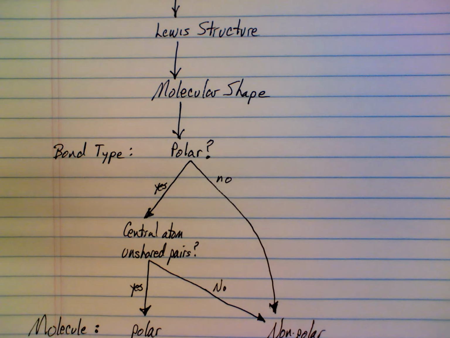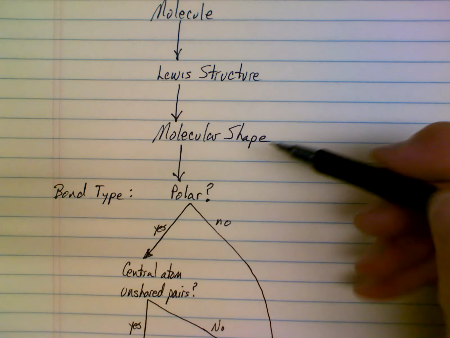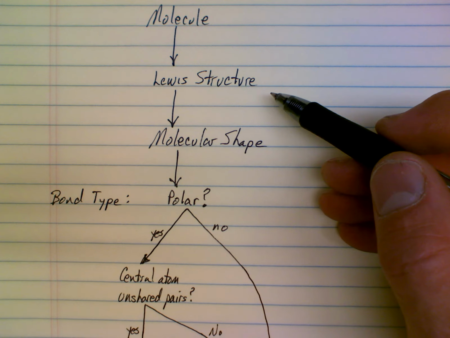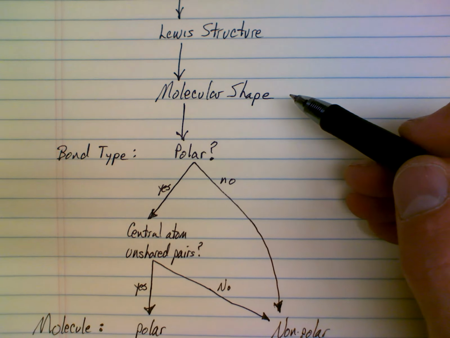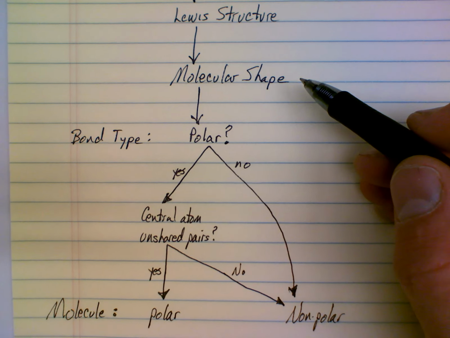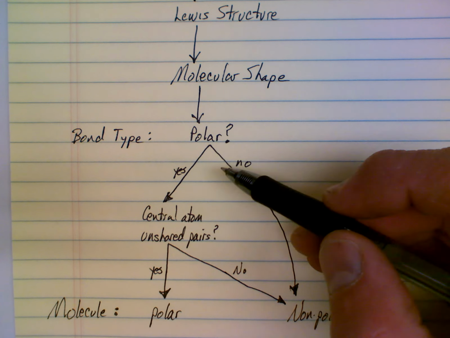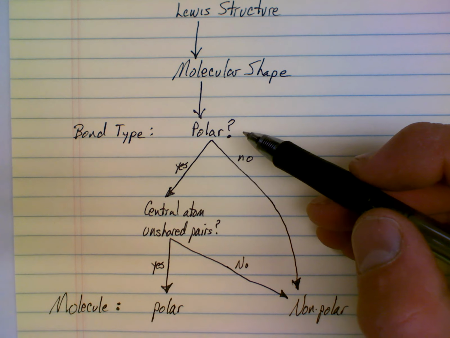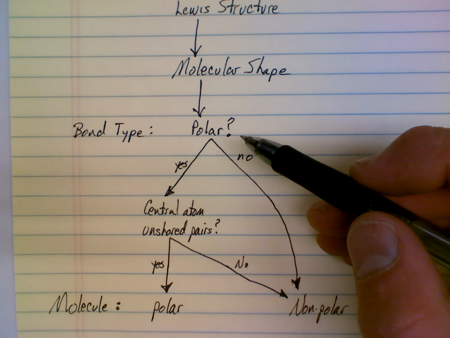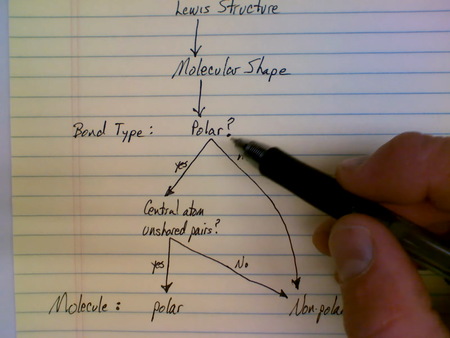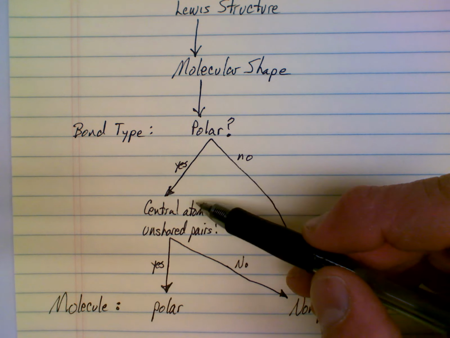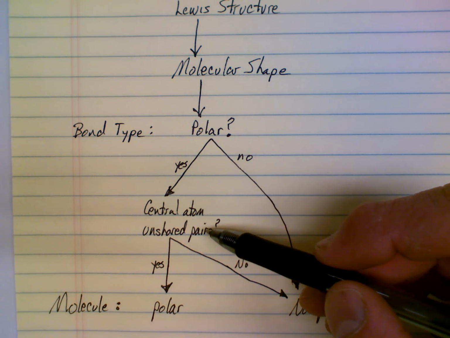So, once again, first we consider the Lewis structure. Once we've created the Lewis structure, we look at the molecular shape. Once we look at the molecular shape, then we can draw in our dipoles, and we consider if the bonds are polar or nonpolar. If the bond is polar, then we have to look at the central atom if it has any unshared pairs.